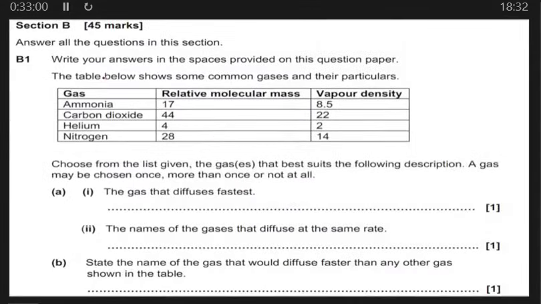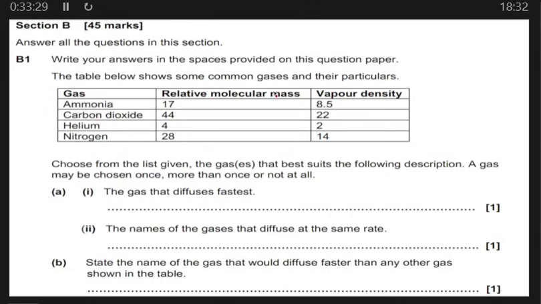So we are now in section B. Section B, 45 marks. They are saying answer all the questions in this section. So B1, write your answers in the spaces provided on this question paper. The table below shows some common gases and their particulars. We have gases here: ammonia, carbon dioxide, helium, nitrogen.